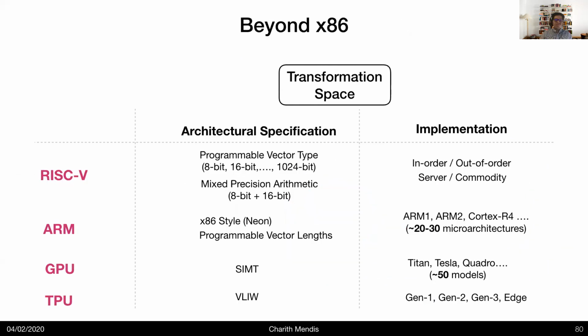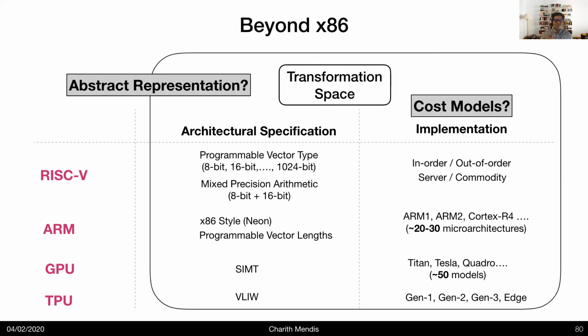Also, so far my work has only explored different x86 microarchitectures. I want to expand it to cover other commonly used hardware platforms. Specifically, I want to explore whether we can have an abstract representation to express transformations which can capture architectural capabilities across different architectures like RISC-V, ARM, GPUs, or TPUs.